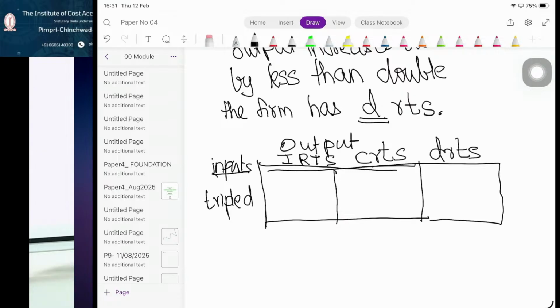Triple means 3 times. So what will you choose as a number which will be consistent with increasing returns to scale? Come on, quickly.